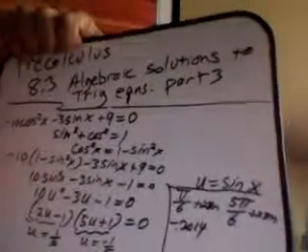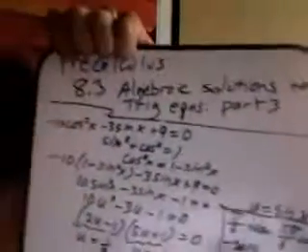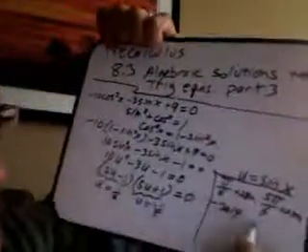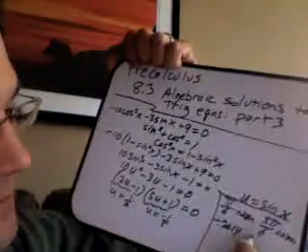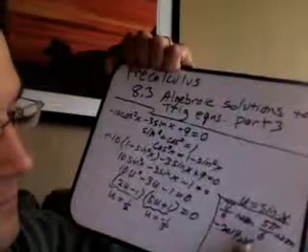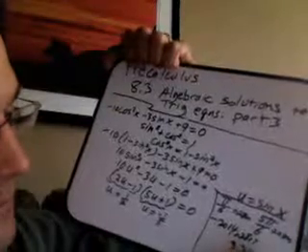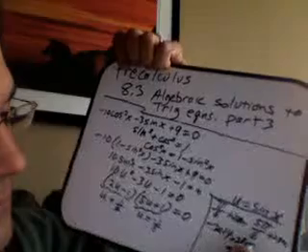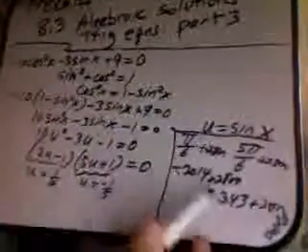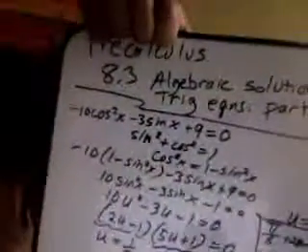To find that, we have to do the same kind of things we did before, and we end up with pi plus 0.2014, or 3.343. So we have two answers and two more answers, sets of answers.